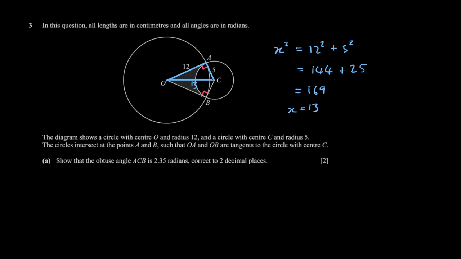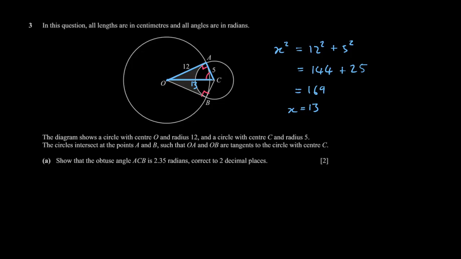Okay, now then. Show that the obtuse angle ACB, so ACB is going to be this angle here, is 2.35 radians, correct to 2 decimal places. Well, I think the easiest thing to do is to find out this angle here, which we can do by using basic trig, and then just to double it.